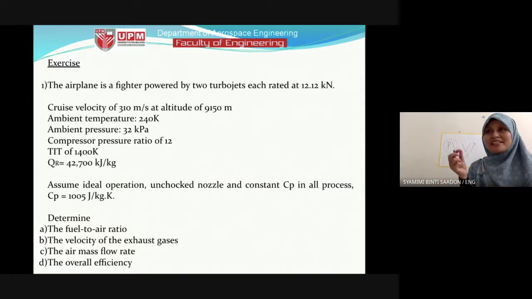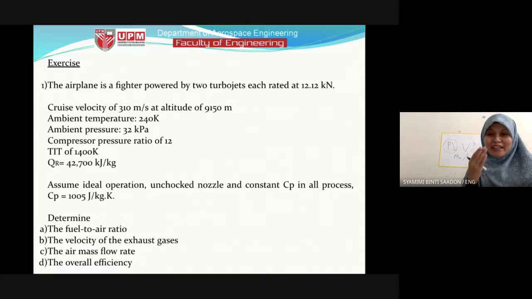That is the highest point, the critical point, where the Mach number is equal to 1 at the nozzle. Even if we decrease the pressure, the mass flow rate of the air will not increase anymore. At that moment, we call it that the fluid is limited, or choked.